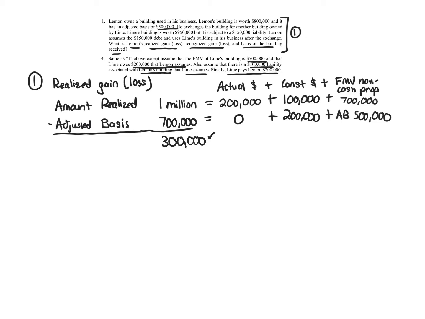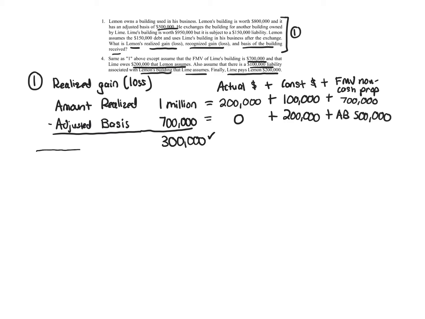Even though your realized gain or loss is the same, your recognized gain or loss can change drastically based on what exactly you're getting. Okay? So it comes down to the elements and how all this works out. That was done on purpose. It was purposely done so that there's $300,000 of realized gain or loss in all 4 problems to show you, hey, it changes. Okay? All right. So that's the realized gain or loss, $300,000.